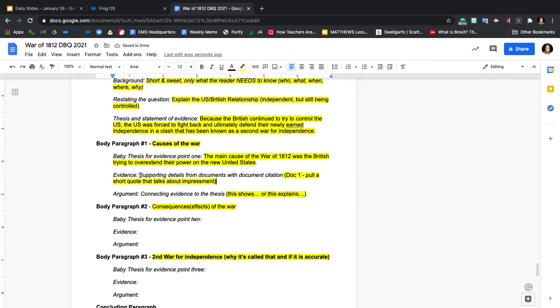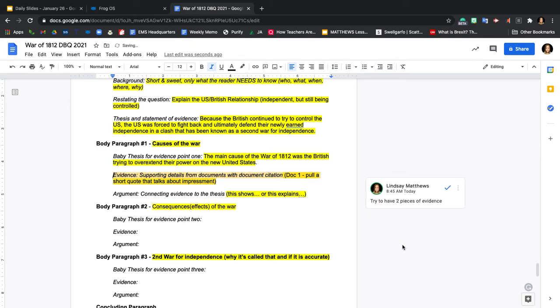I would suggest having 2 pieces of evidence for body paragraph 1 and 2 for body paragraph 2. So I would try to have 2 pieces of evidence.